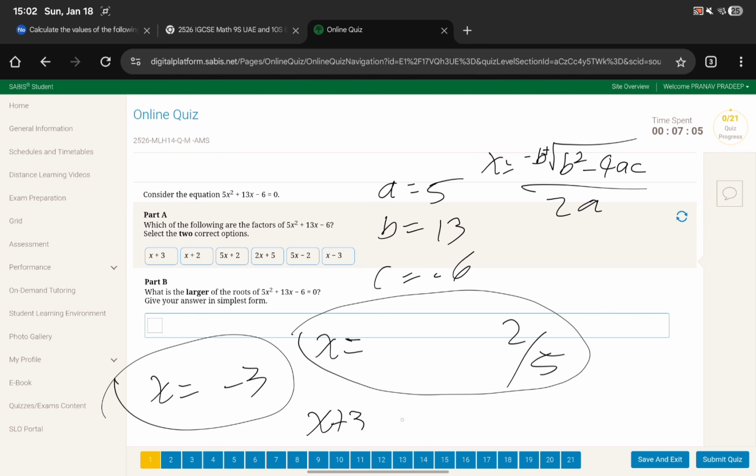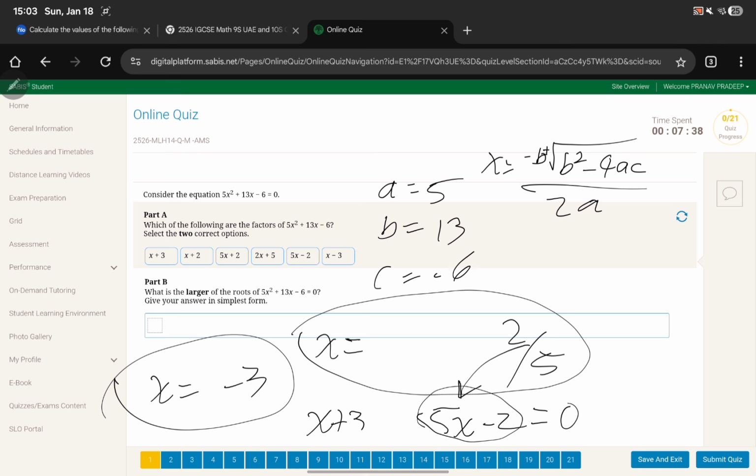And the other factor is 5x minus 2, because if we put in 2 over 5, just try it yourself: 5 times 2 divided by 5 will give you 2, then you subtract 2, which will give you 0. So it's 5x minus 2.